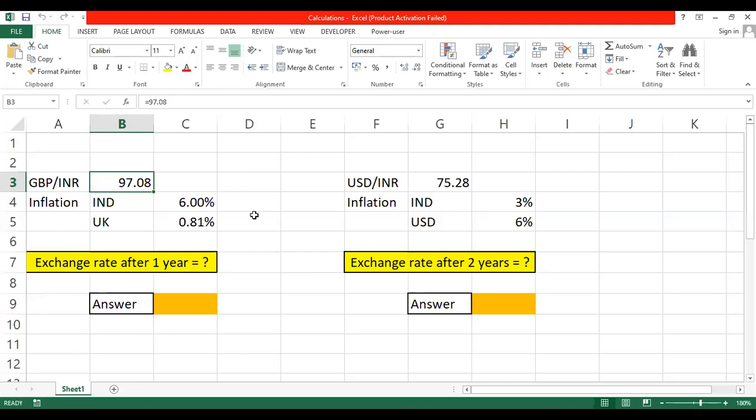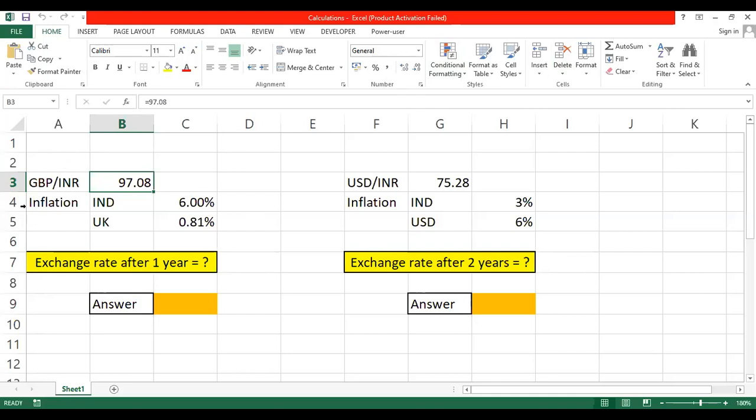Alright, so here let us assume that the GBP/INR rate is 97.08. Firstly, what does GBP/INR written like this mean? It is a universal way of writing it. Here GBP becomes the base currency and INR becomes the quote currency.